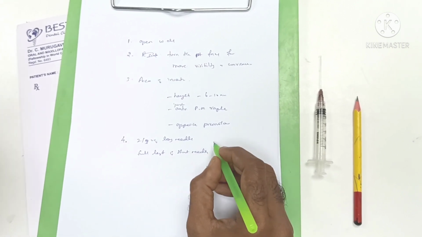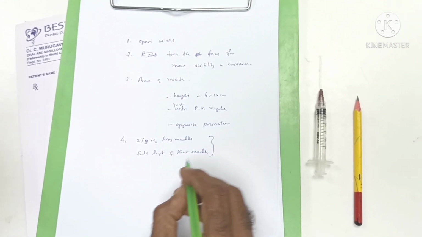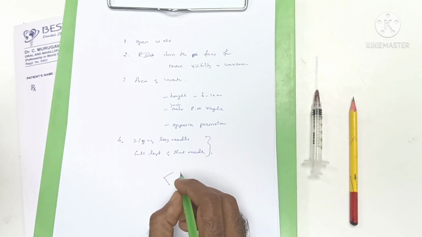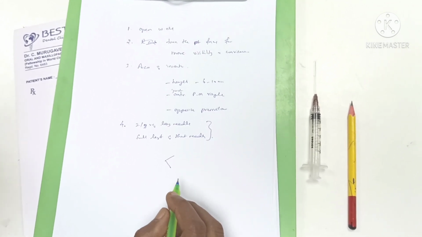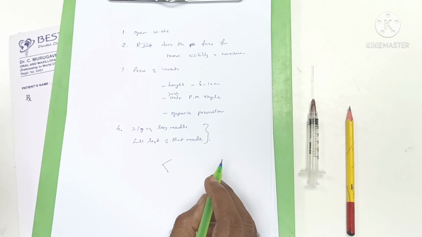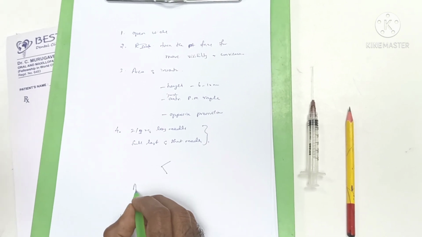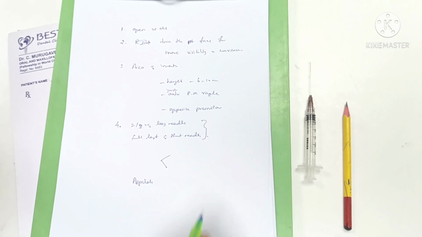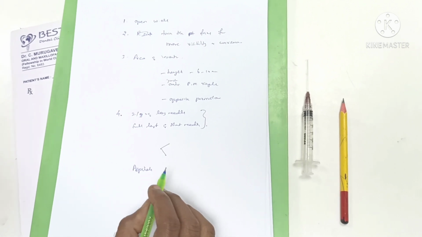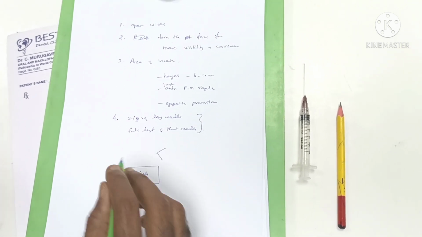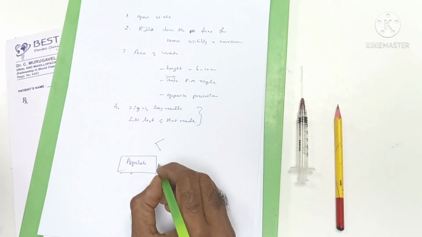So when you are inserting, what are the things to do? If it is hitting the bone prematurely or if too much insertion happens, always aspirate before giving the injection. This is one important point that we will discuss in detail.